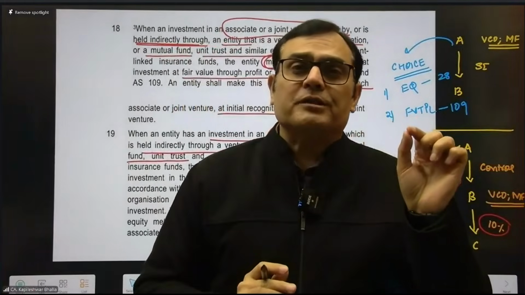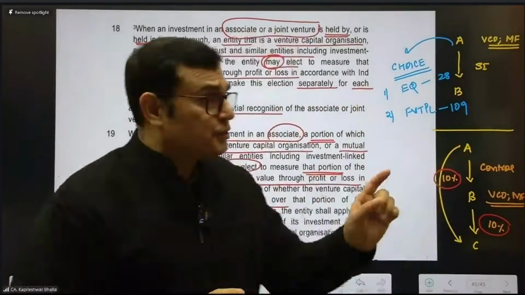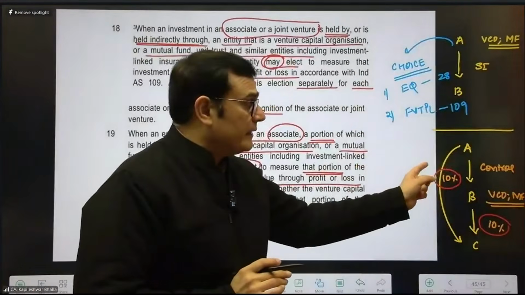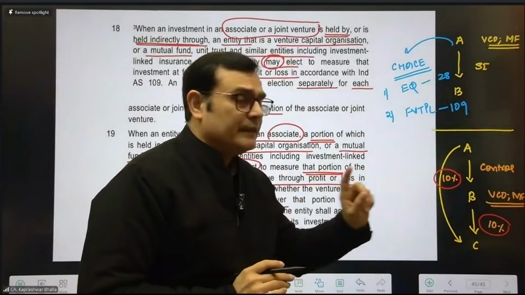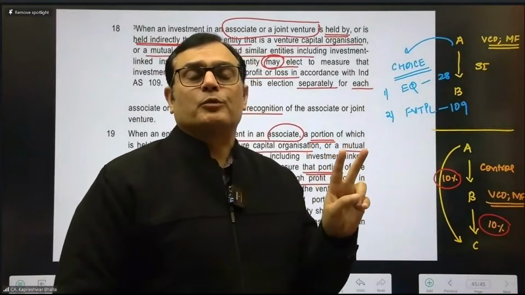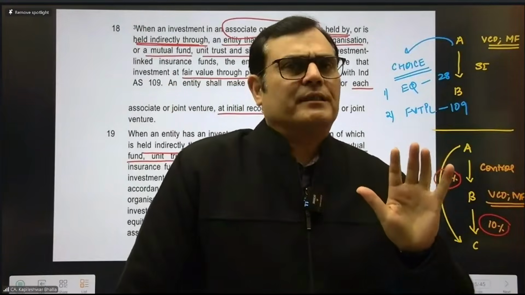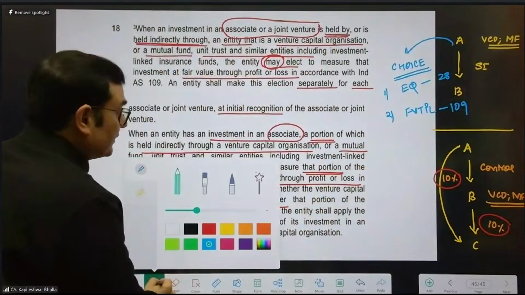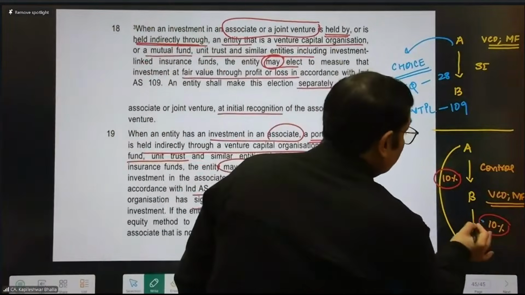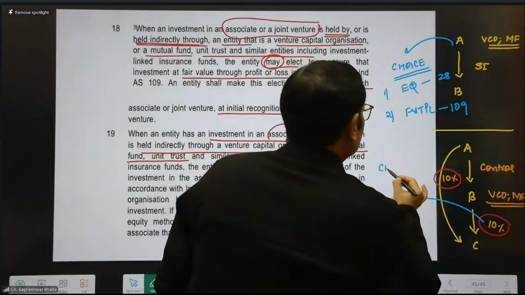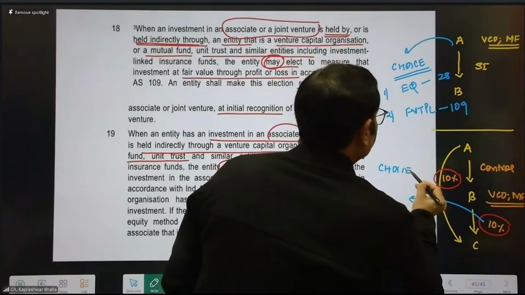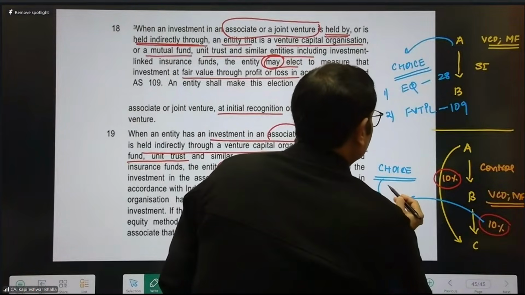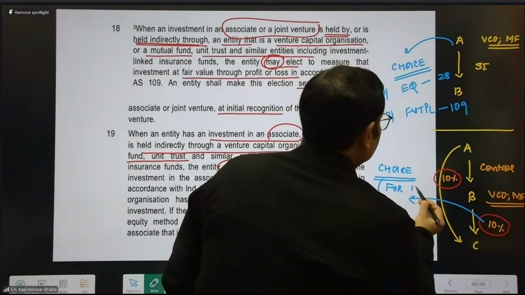You establish the significant influence relationship because A directly plus A indirectly put together has got a 20% stake. So C is an associate. He says in this particular case, you get a choice. You get a choice only for this portion.